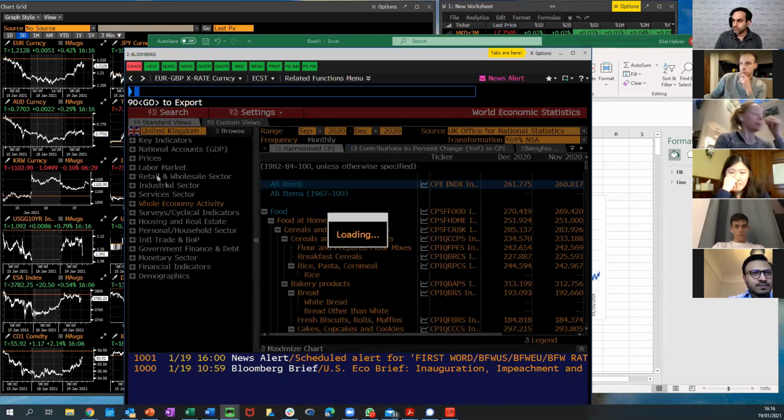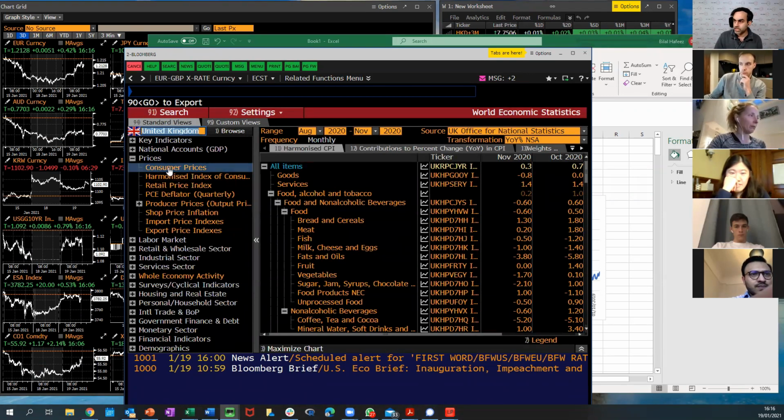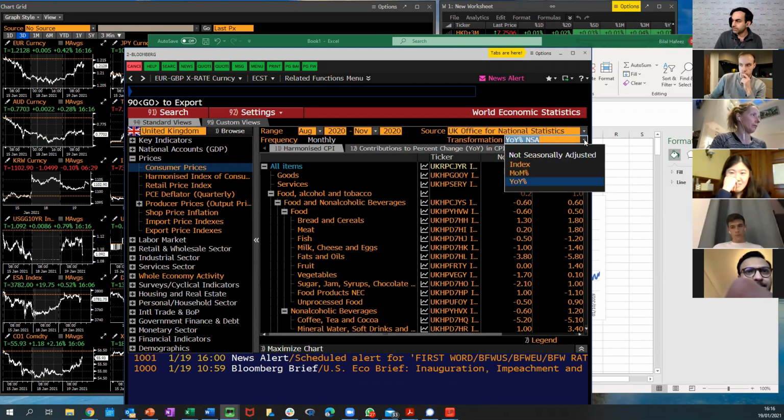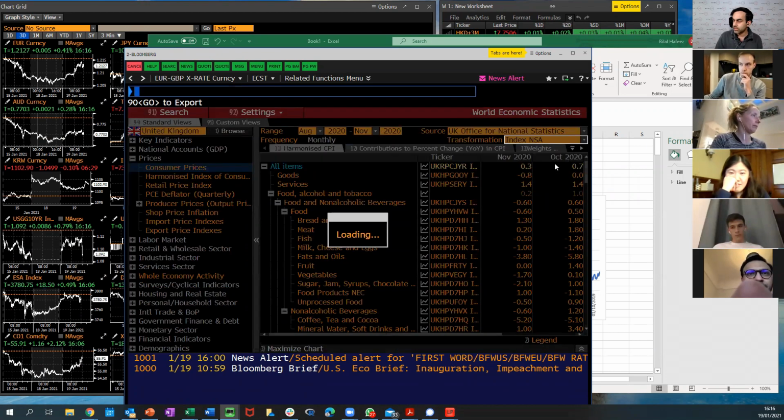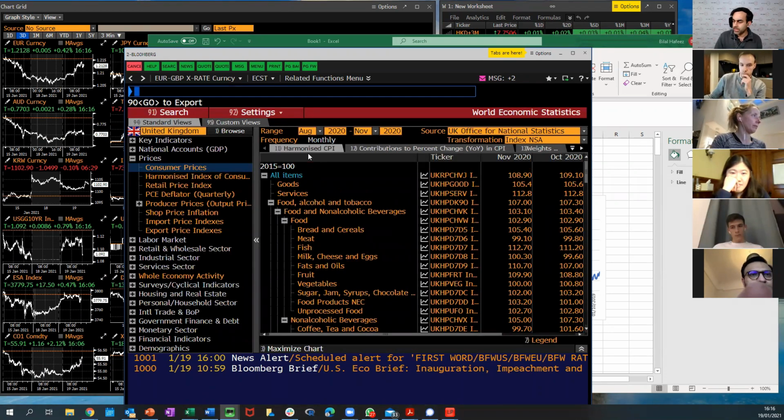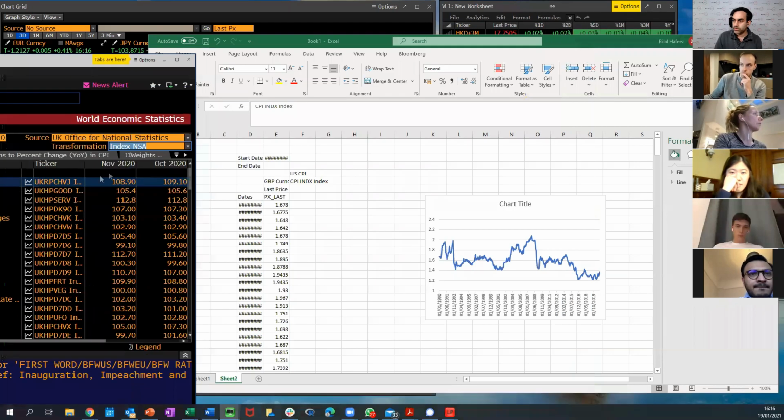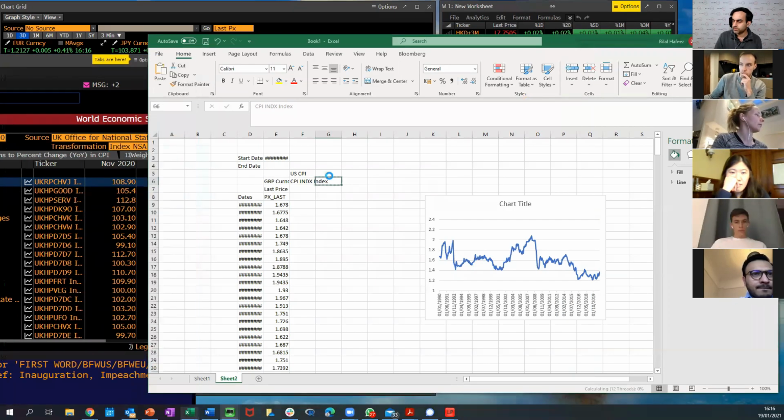So United Kingdom, price series, I'm going to go to levels. Now the UK has different price series, CPI and RPI. I prefer to use CPI, which is more of a standardized way of looking at inflation. So here's the code. I'm going to just drag that over here. So that's UK CPI.